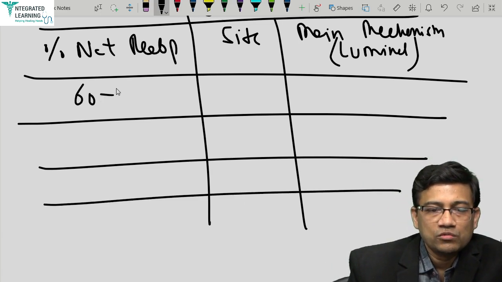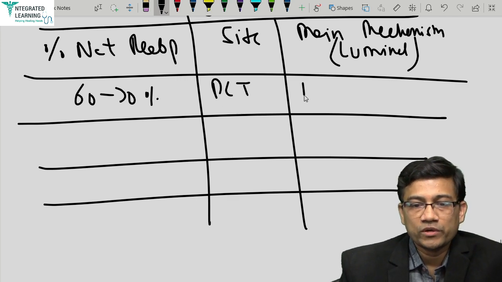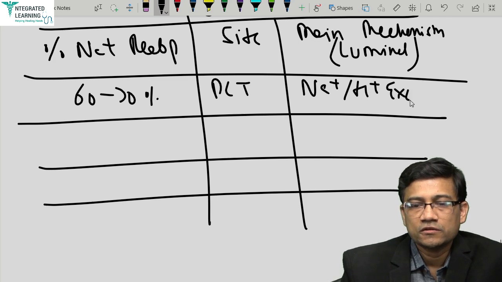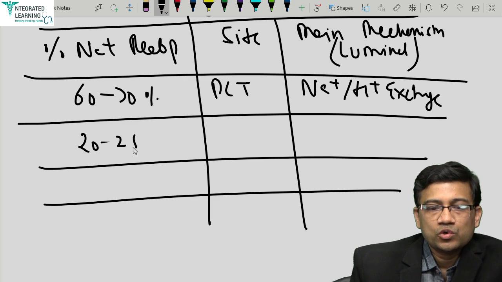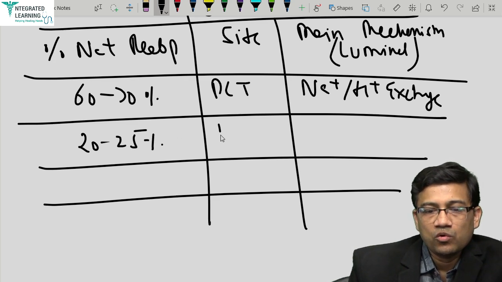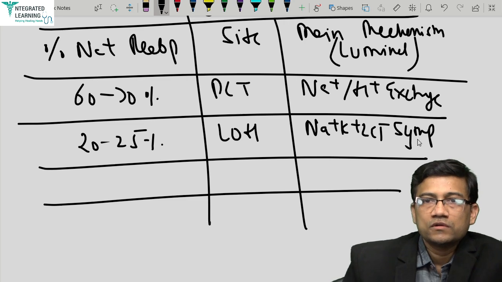First, 60 to 70% is reabsorbed in the PCT. Transport is sodium hydrogen exchange. 20 to 25% is in the loop of Henle. Mechanism is sodium potassium 2 chloride symport.